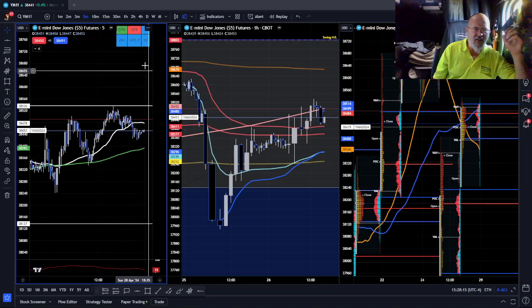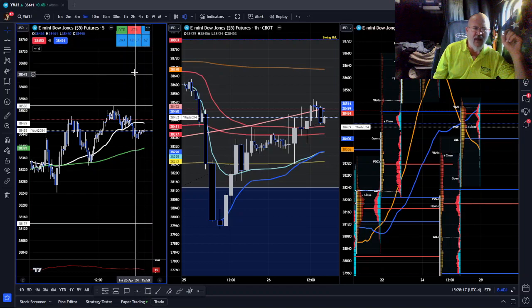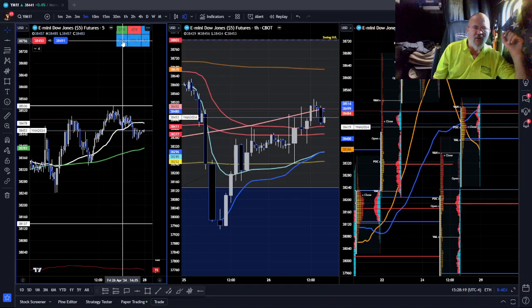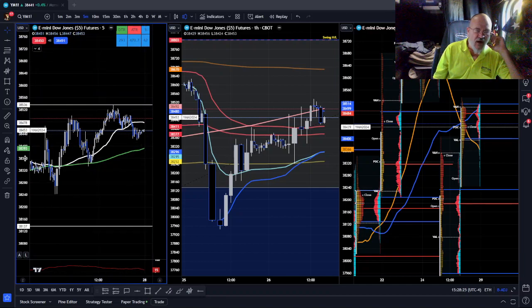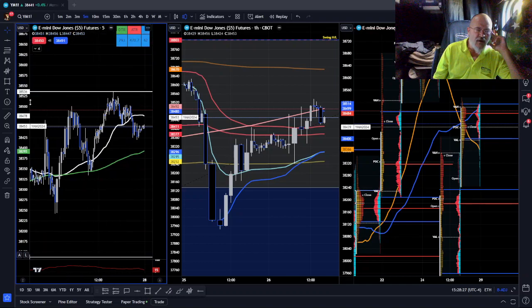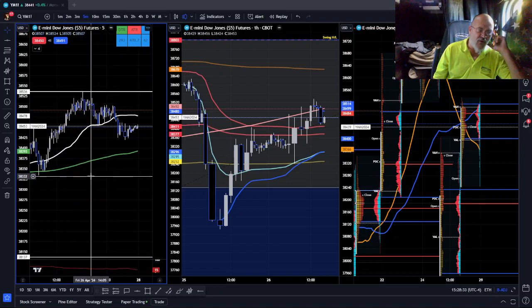Right now, we're averaging 470 points per day. Friday, we only moved 300 points of that, which was 62% of its average daily range. Even though this says ATR, I look at that as average daily range. This ATR I know is my candle range.